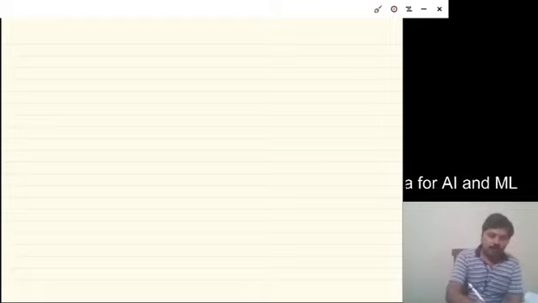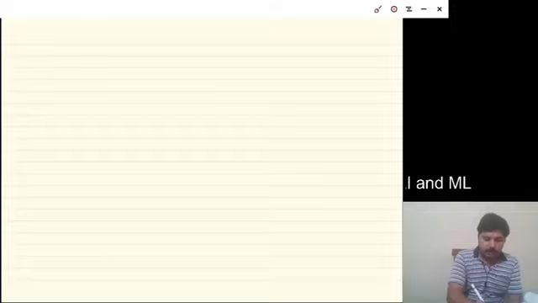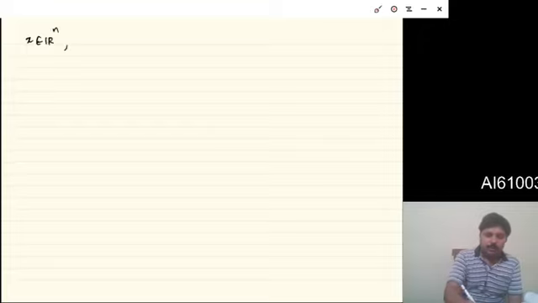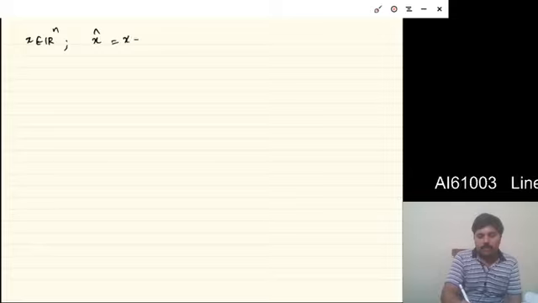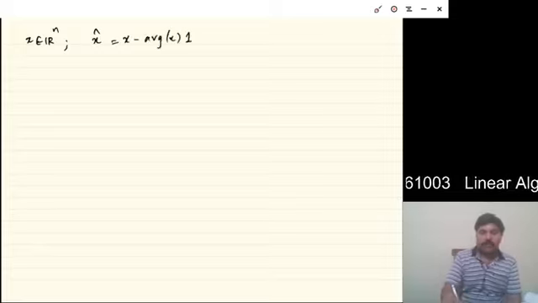So in summary, what did we do? We defined, from a vector x in Rn, a vector x hat which is obtained from x by subtracting the mean of the vector x.